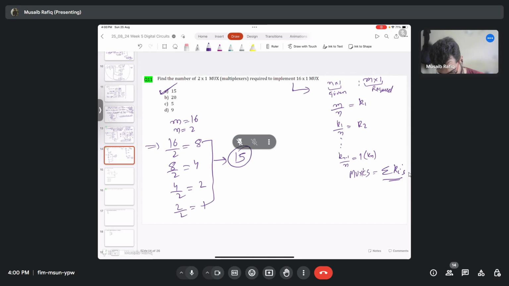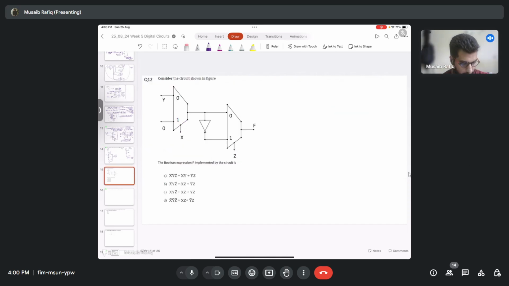Right. Now I have this question. Consider the circuit shown in the figure and you need to find out f. This is as simple as it is. So what is this?